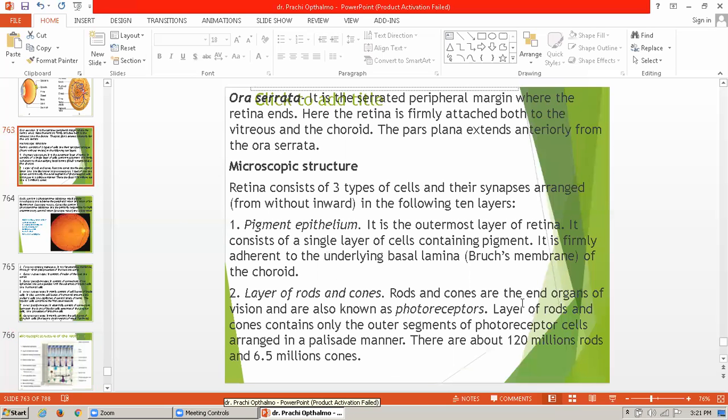Rods and cones are the end organs of vision and are known as photoreceptors. The layer of rods and cones contains only the outer segments of photoreceptor cells, which are arranged in a palisade manner, and there are about 120 million rods and 6.5 million cones.